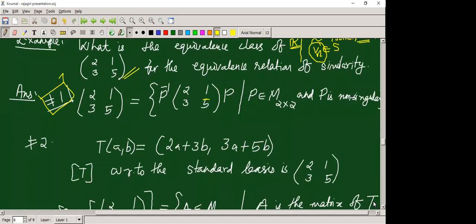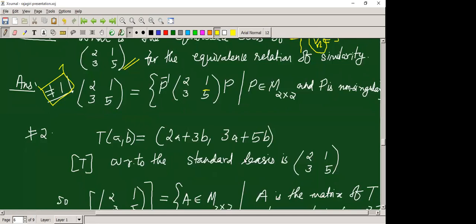Number two, using linear transformation. You write this matrix as the matrix of a linear transformation with respect to the standard basis. So T of (A, B) is (2A plus 3B, A plus 5B). The matrix of T with respect to the standard basis is very clearly [[2,1],[3,5]].